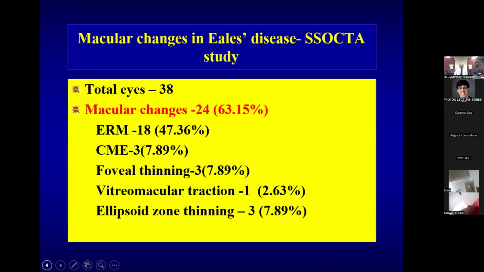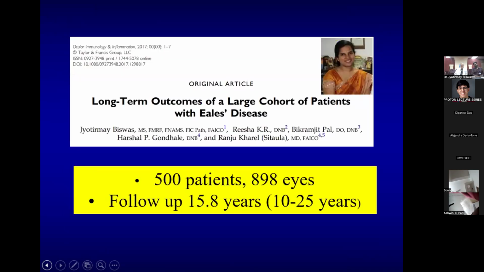And we found by this study that in about 63% of cases, subtle macular changes can be seen in the form of epiretinal membrane, cystoid macular edema, foveal thinning, vitreomacular traction, and ellipsoid zone thinning, whereas epiretinal membrane was quite a common finding in Eales disease patients, which is not seen clinically.